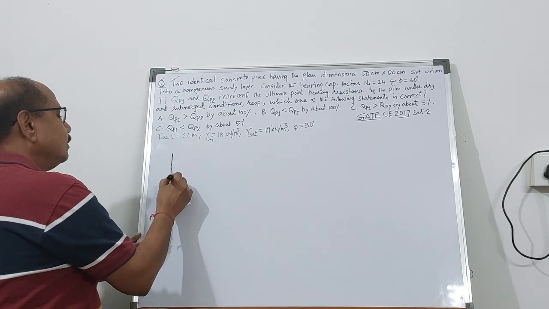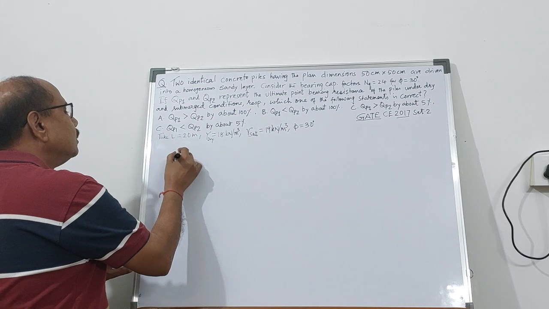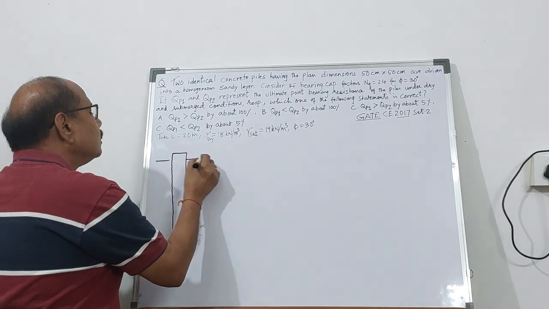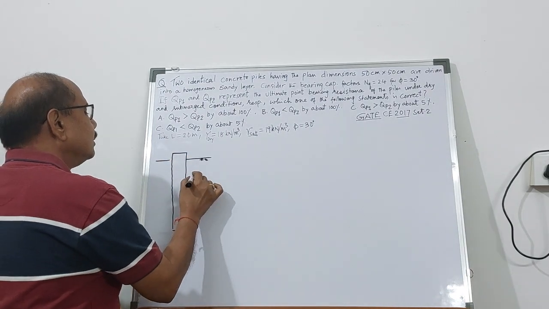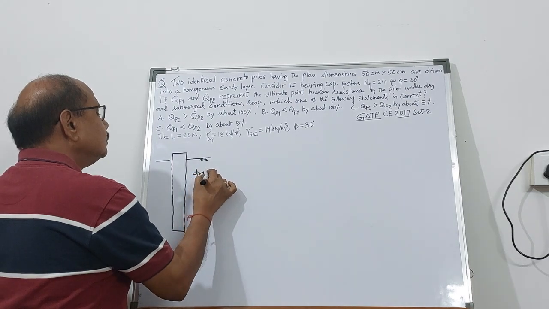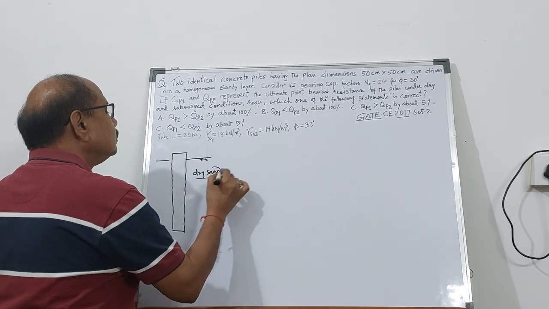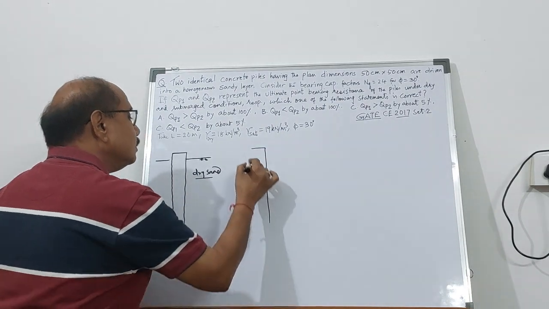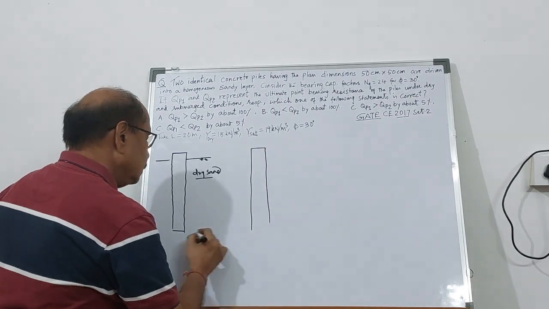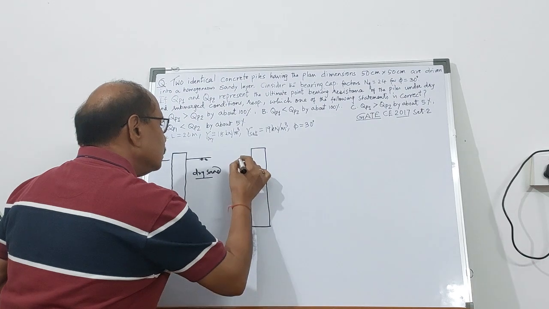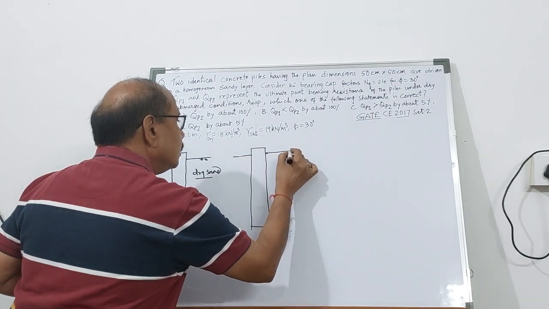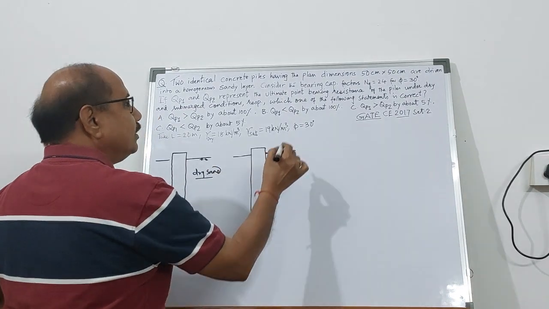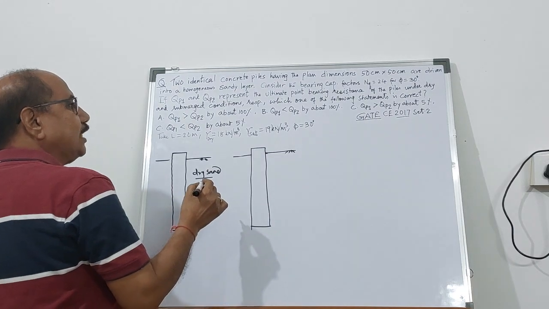One of the piles is in dry sand, and the other is identical, but this is embedded in saturated sand.